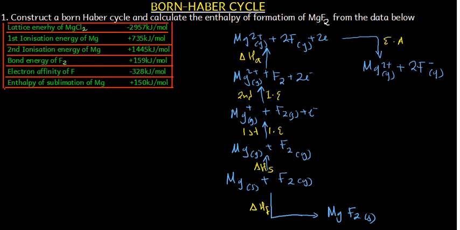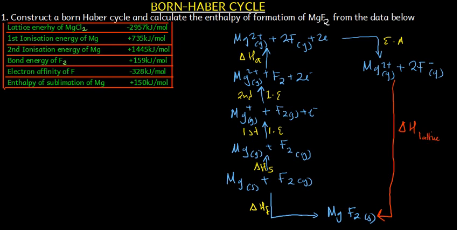Now if we have this in gaseous state, and this in gaseous state, they can now react directly. So when these 2 react at this point, this is what is now going to produce the magnesium fluoride. And so the energy involved here is called lattice energy.